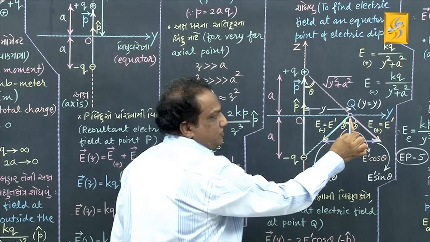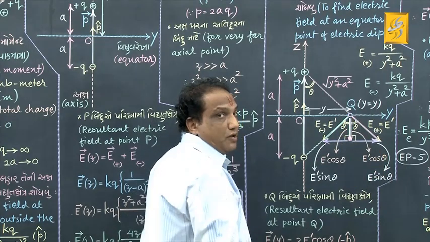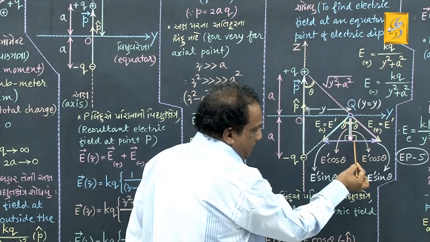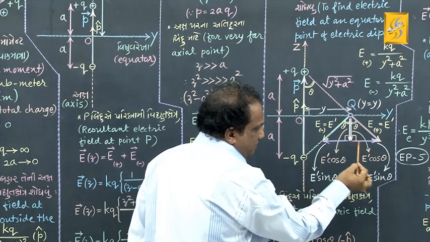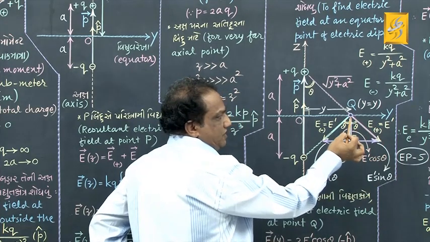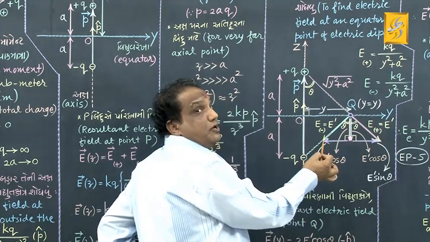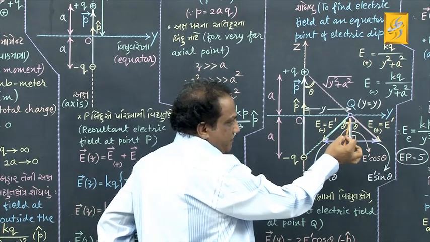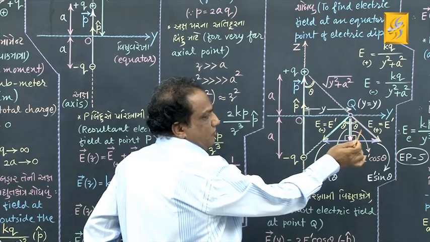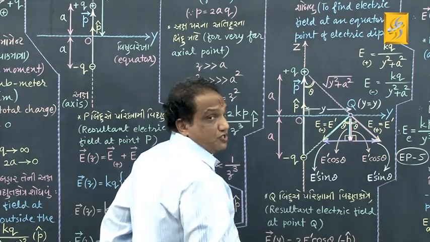Now just resolve this vector into two mutually perpendicular components like this. This vector plus this vector. Come on, this plus this will give you this vector. Correct? Now similarly this also can be resolved into two mutually perpendicular components, this vector plus this vector. Come on. For this component, what would you say?